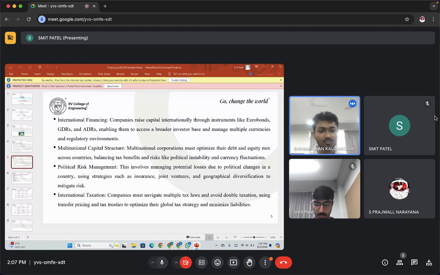And then comes political risk management. This involves managing political losses due to political changes in the country, using strategies such as insurance, joint ventures and geographical diversification to mitigate risks. As we know, in some geographies the economic activities are not that prone to happen.